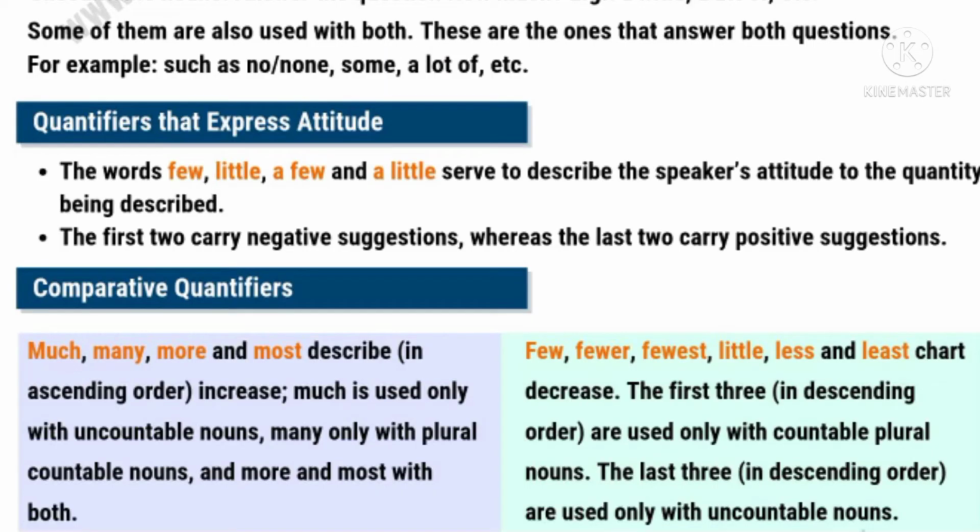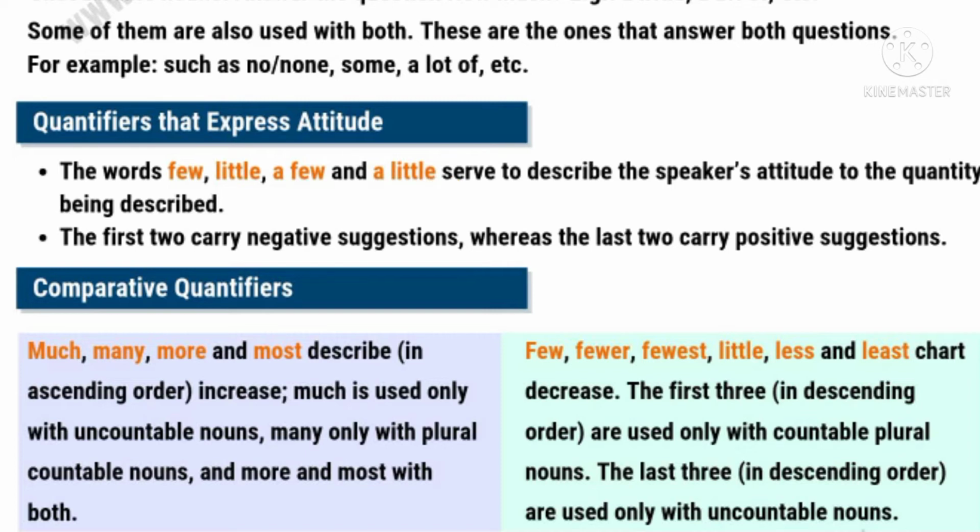Next, quantifiers that express attitude. The words few, little, a few, and a little serve to describe the speaker's attitude to the quantity being described. The first two carry negative suggestions, whereas the last two carry positive suggestions.